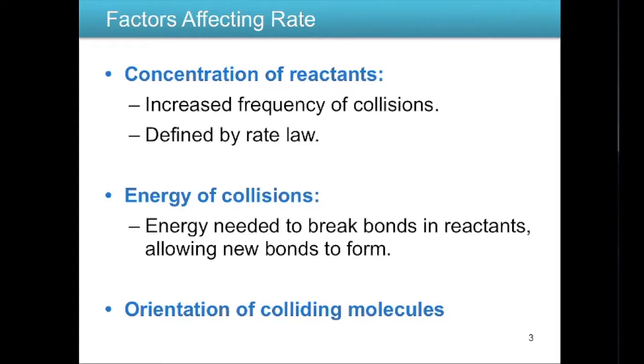If a molecule collides with another and the orientation is not correct, they will essentially just bounce off of each other, because the right bonds and electrons are not lined up correctly. So unless they're lined up correctly, a reaction won't occur, and if there isn't enough energy as the molecules collide, then a reaction won't happen.